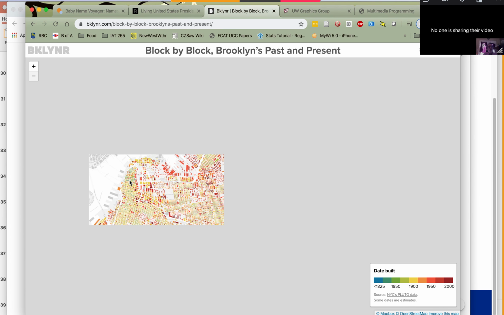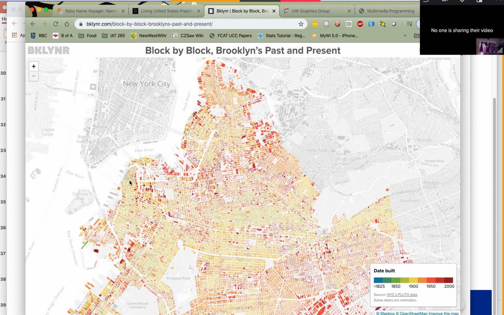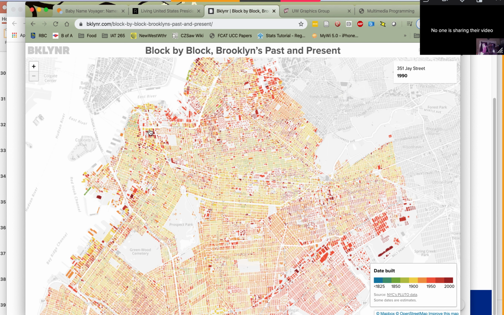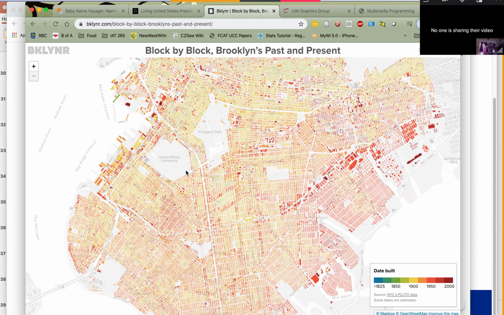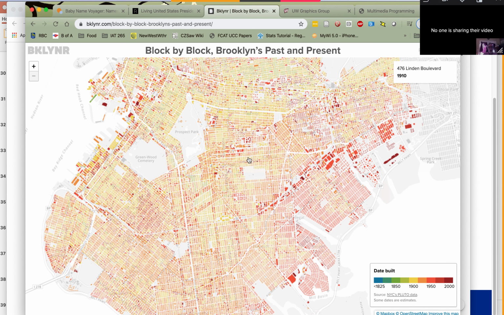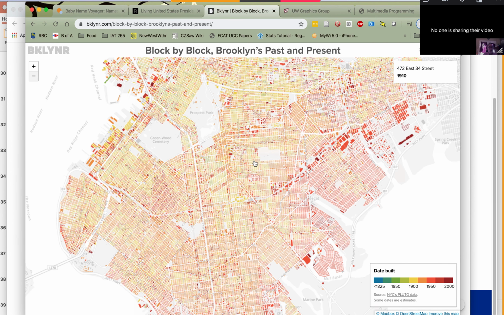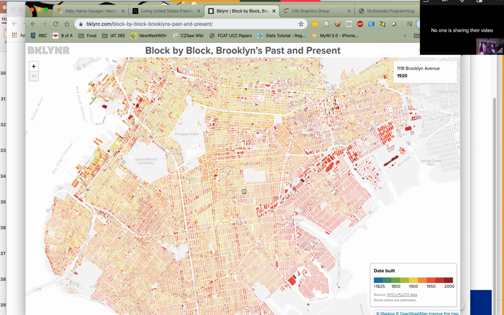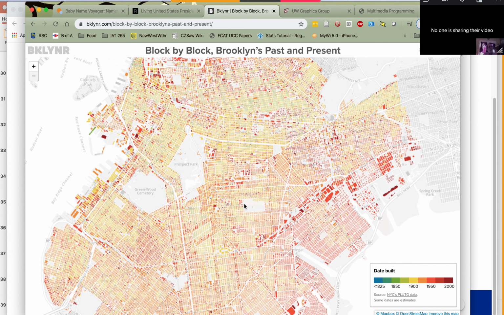So here, although it is, strictly speaking, a temporal visualization using housing data from City Hall or something like that, it does give you an approximate idea of the age of the housing stock or the building stock in an individual neighborhood, and it's just using color in these bands to indicate age range.